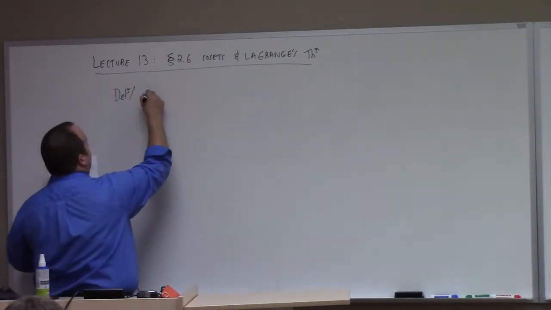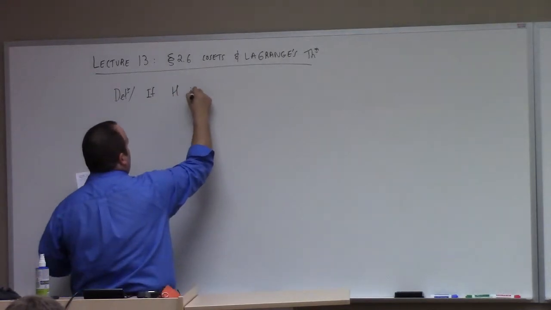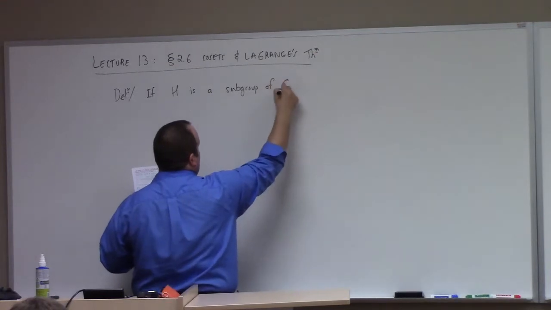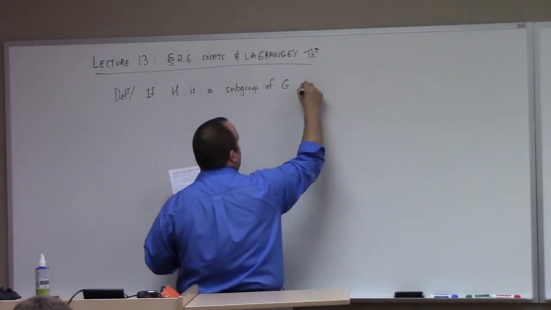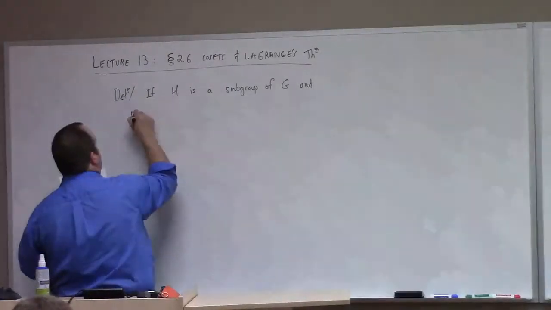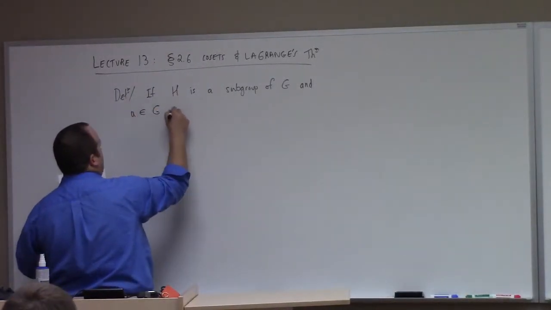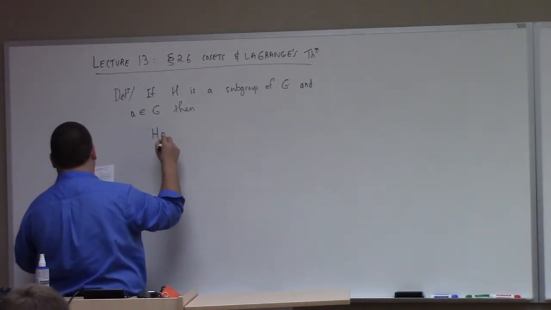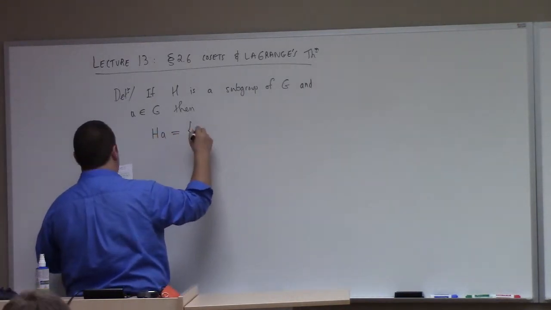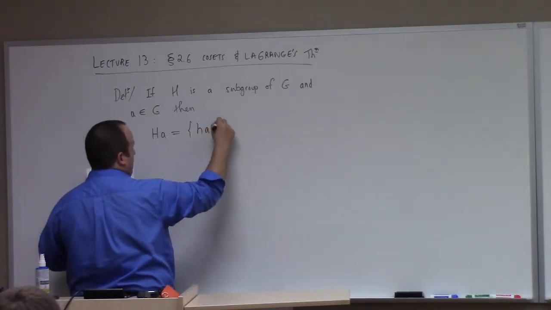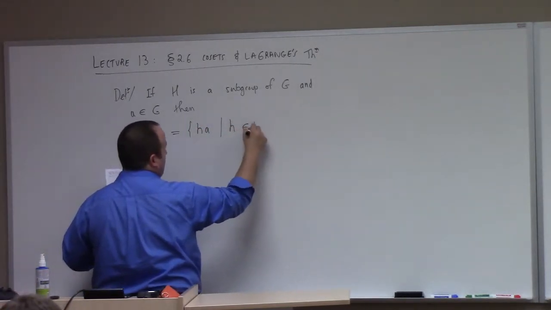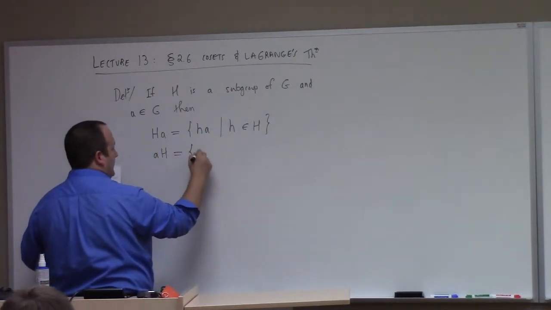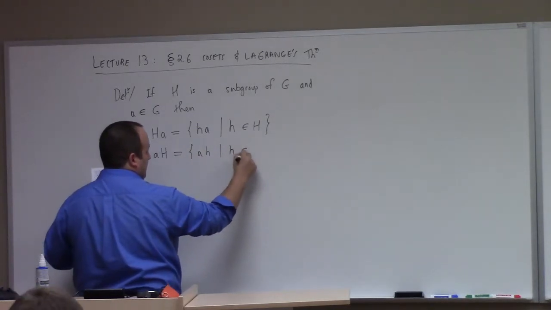If H is a subgroup of G and a is an element of G, then Ha is the so-called right coset of H. This is the set of elements ha such that h is in H. And a H is likewise the set of ah such that h is in H.